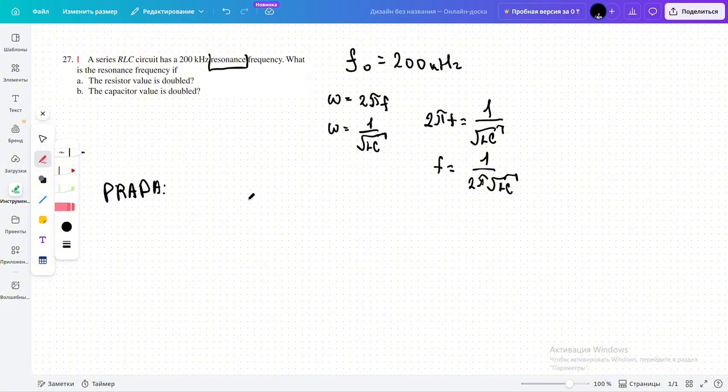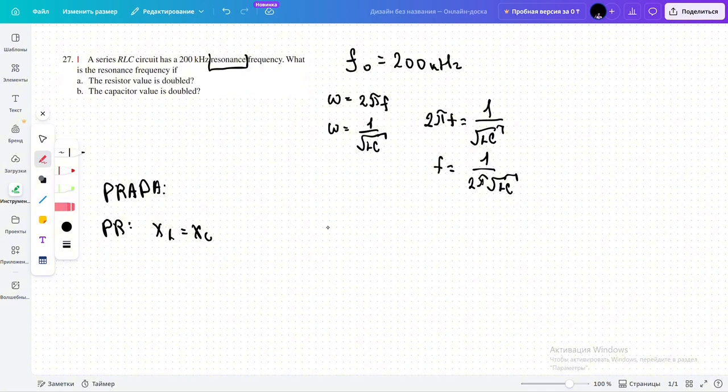Let's start with pattern recognition. I recognize that resonance occurs when the inductive reactance and capacitive reactance cancel each other out, which means they're equal to each other.